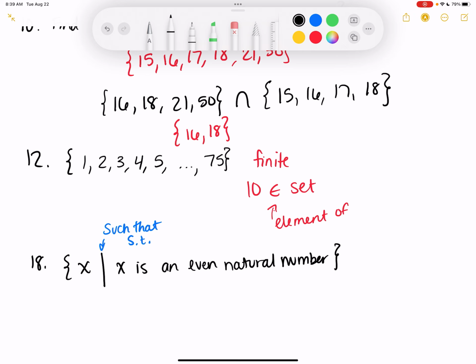Infinite, because we have no idea what the last number is. And then based on that, would 10 be an element of this set? Yes, because it is even. Any questions about those ones so far? Okay.